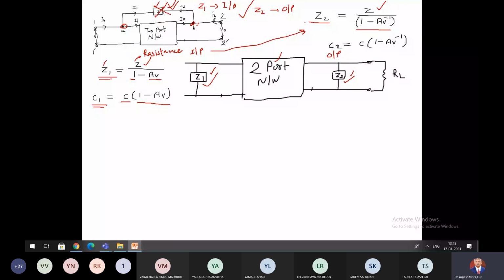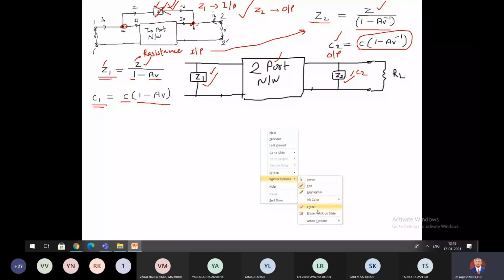And if Z is a capacitor, then in place of Z2 you can put C2, whose value will be C multiplied by 1 minus AV inverse.